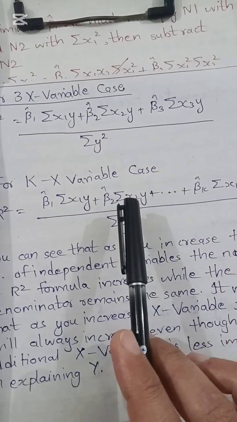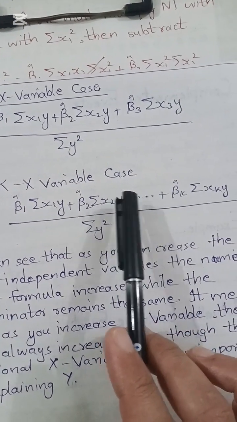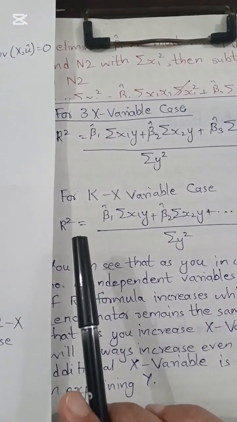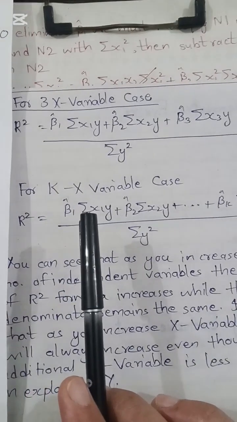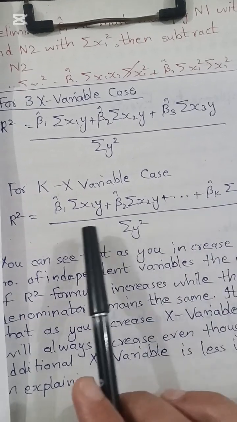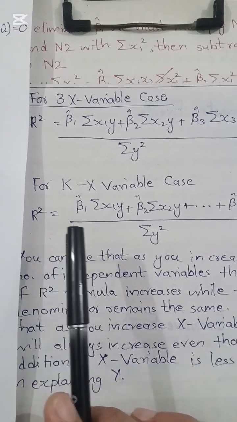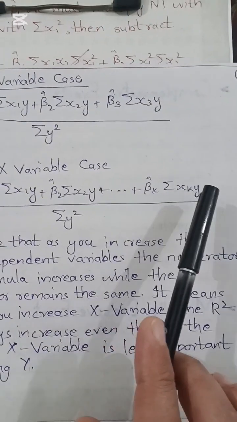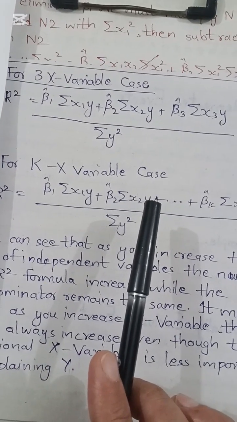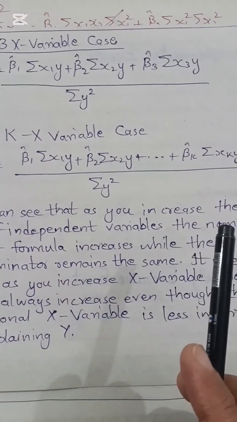It means that as you add more and more x variables, the numerator becomes larger while the denominator remains the same. So that's why R square will always increase, even though the additional variable is less important. So this is an important property of R square, and this is also the drawback of R square. Because if the additional x is not important, then why should R square increase? So this is the issue that we will discuss in our coming videos.